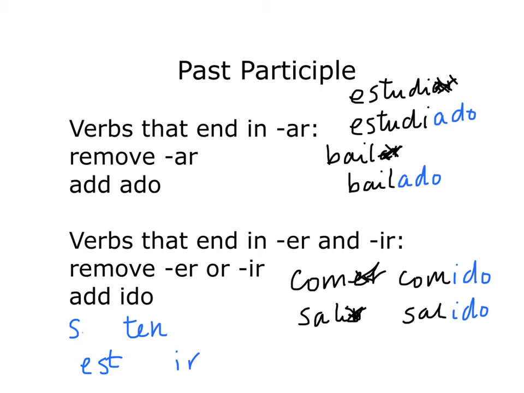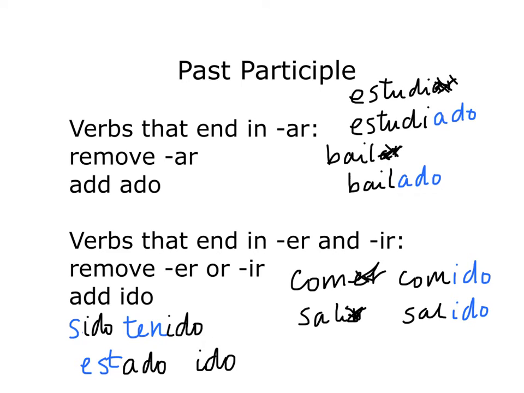First, we take off the ER or the IR. But you may be wondering, what happens when we remove the IR and there's nothing left? We're going to do the same thing. We're going to follow the steps. We're going to add ido, so they look like this. Sido, tenido, estado, and ido.